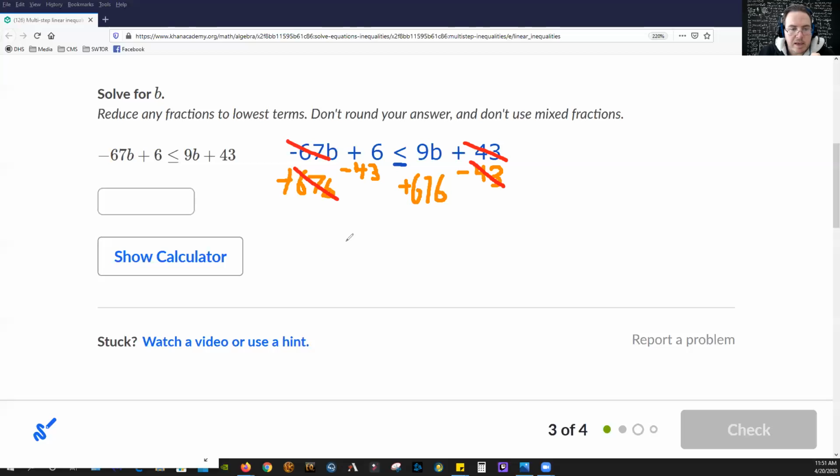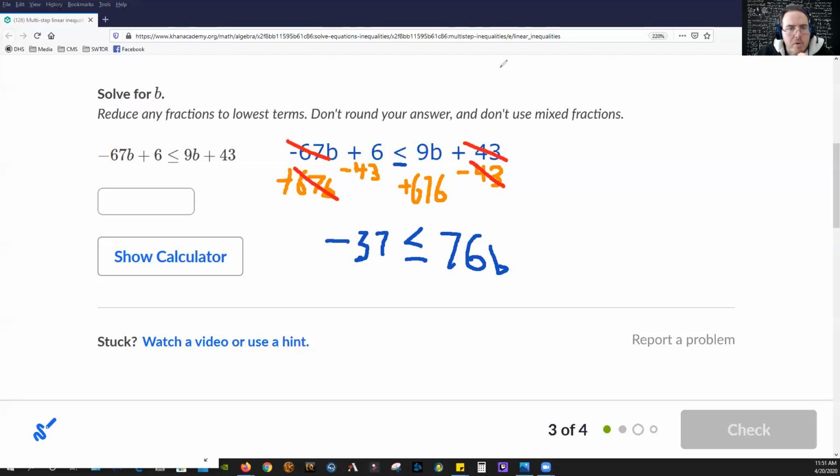So that's going to end up being negative 37 is less than or equal to 9 plus 67, 76b. That makes sense.